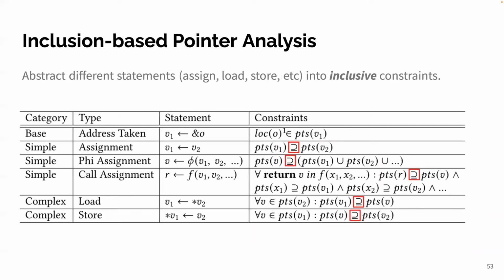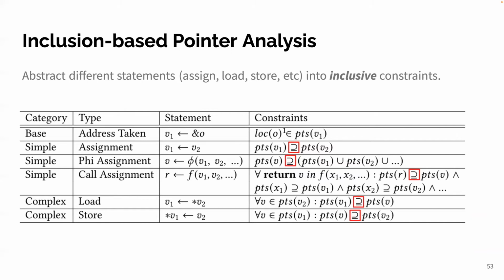Inclusion-based point-to analysis computes the points-to set information by abstracting different statements into inclusion constraints, as shown in the table. For example, as in the second row of the table, the value of V2 is assigned to V1. The points-to set of V1 should include the points-to set of V2.